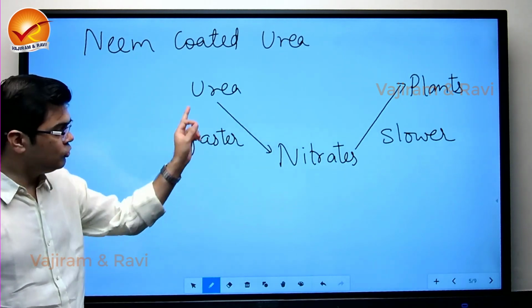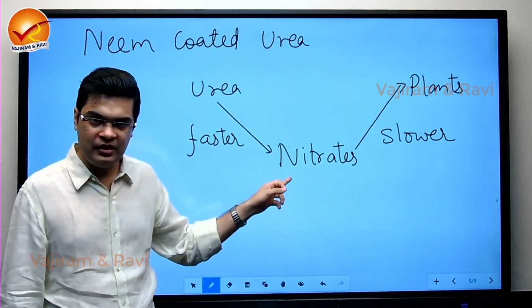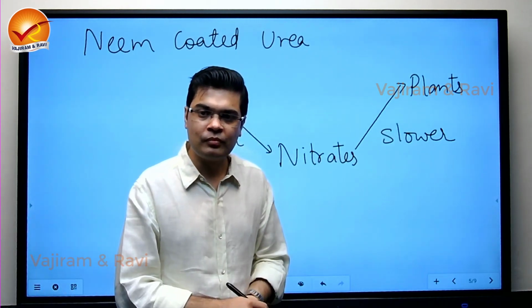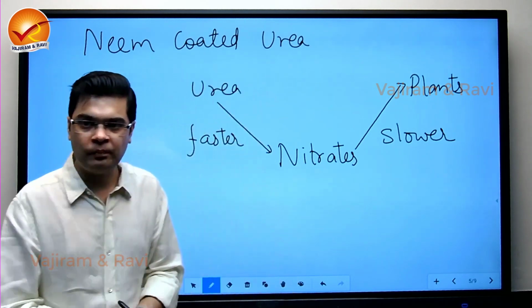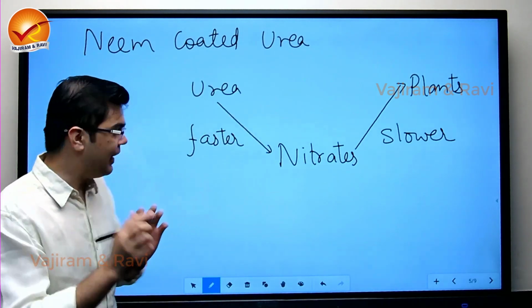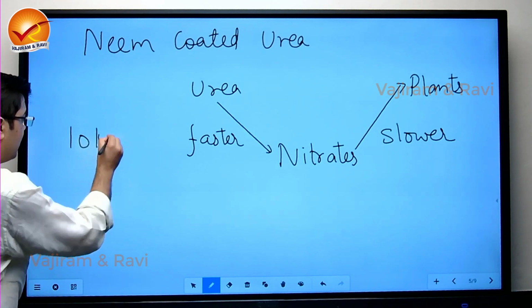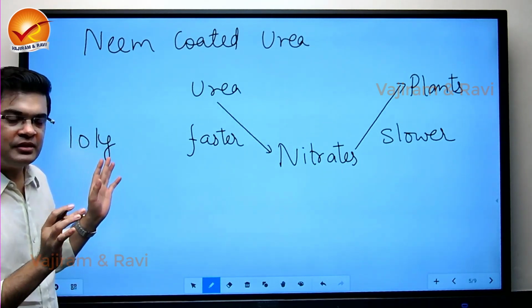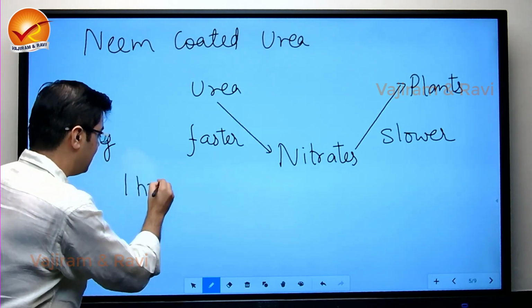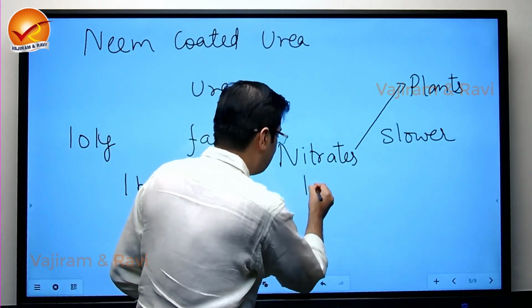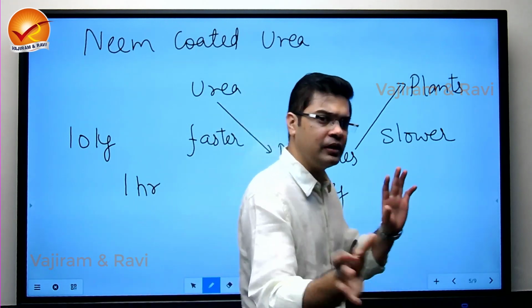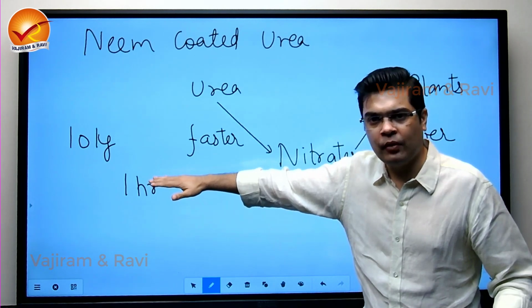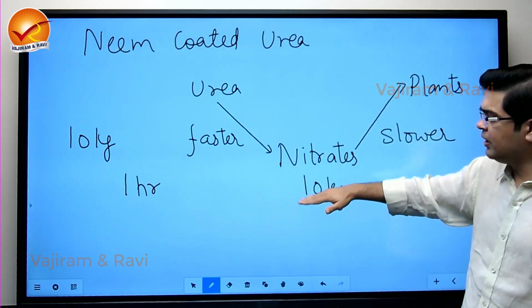Suppose, as a hypothetical example, I add 10 kg of urea to the soil, and within 1 hour this 10 kg of urea gets converted to 10 kg of nitrates.